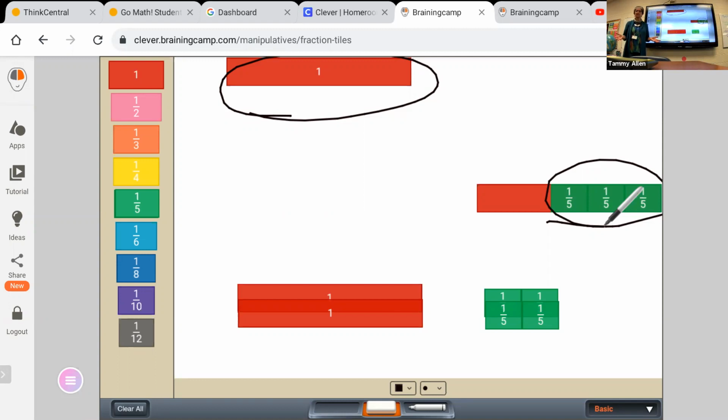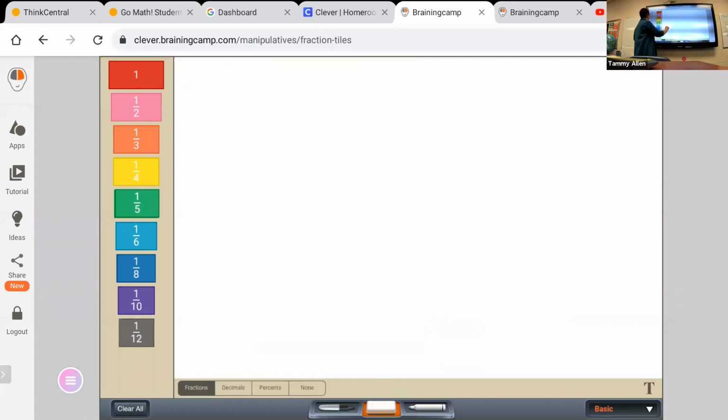Why did you write the 1 then? Because I was subtracting 1 whole pizza. Okay? This is what I'm subtracting down here. Let's keep going.